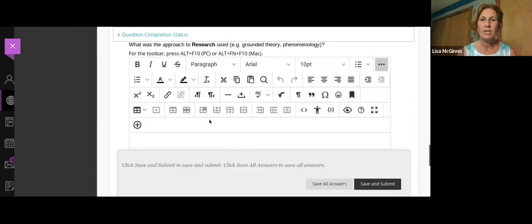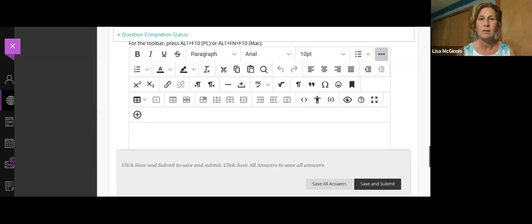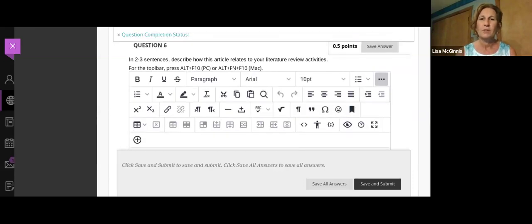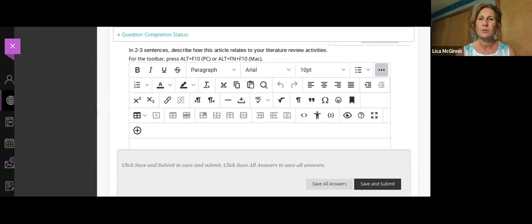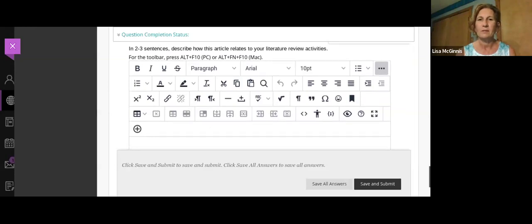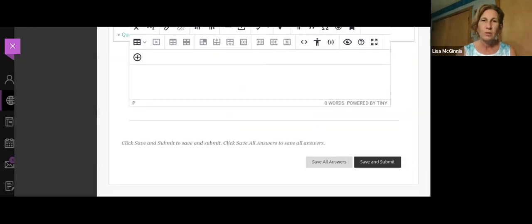And then, as I mentioned here, please make sure that you give me some sort of explanation that helps me understand why you think this was the type of research that you say it is. And then the two to three sentences to discuss how your article relates to your lit review activities. So very similar, but we're now on to our qualitative, moving into the second half of our research.